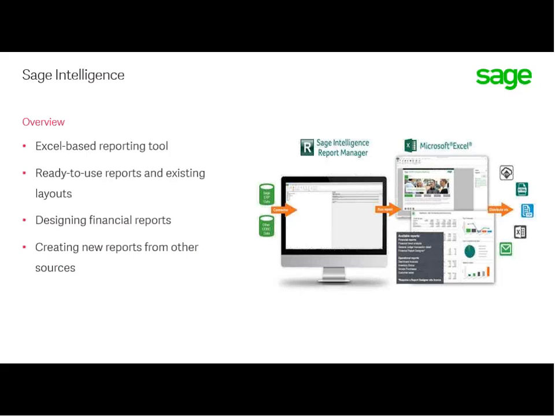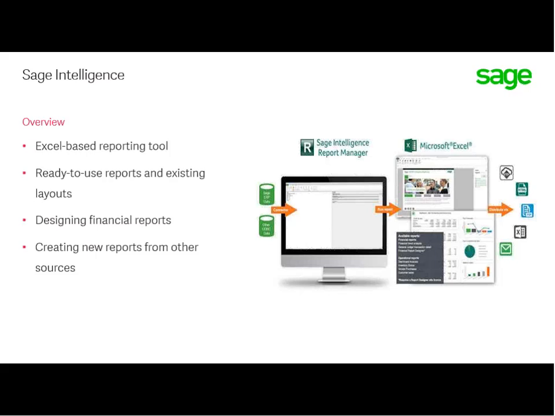You can also create new reports from other sources like other Sage solutions or other vendor solutions, maybe Sage CRM, Sage Fixed Assets, or alerts and workflows. You can make a connection to any of these other sources and create reports from them.